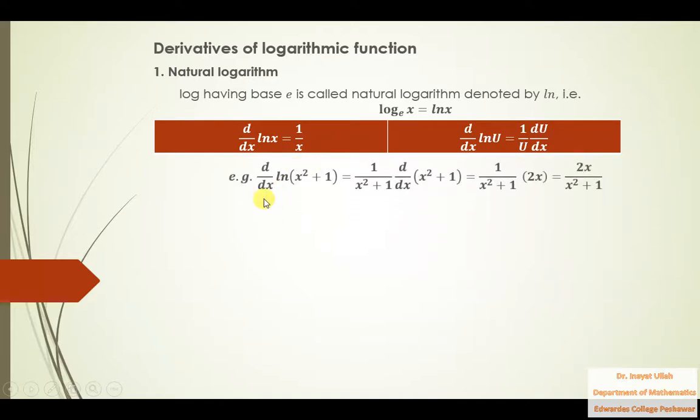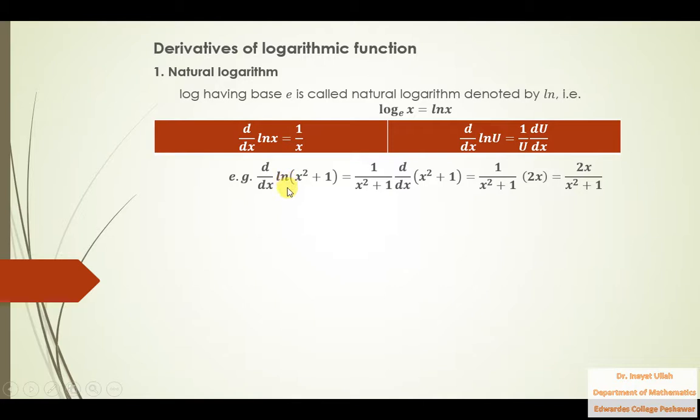For example, we need to find the derivative of natural log of x squared plus 1. So we see that this is a function of x, not only x. Applying this formula, that is 1 by u, instead of u there is x squared plus 1.